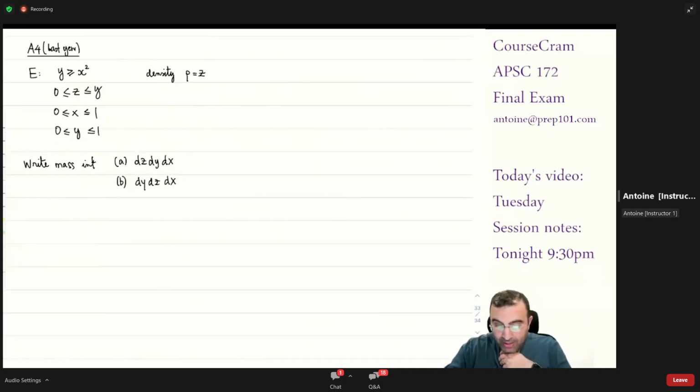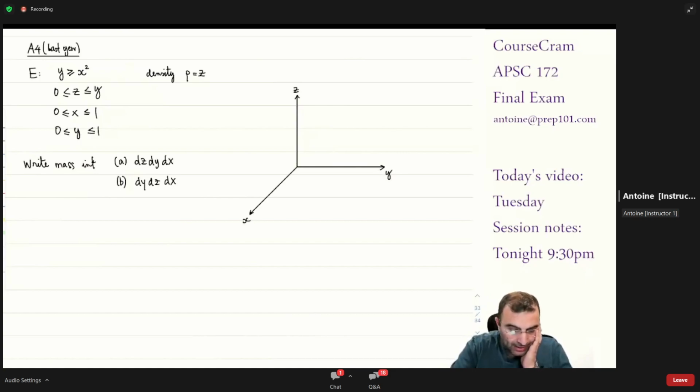So let's try to draw this volume. Once we draw it, finding the bounds won't be a big deal, but the problem is drawing the correct region. So z is equal to y is a plane that looks like this. You get z is equal to y, but then it just extends.